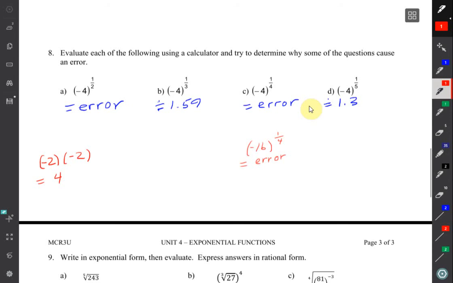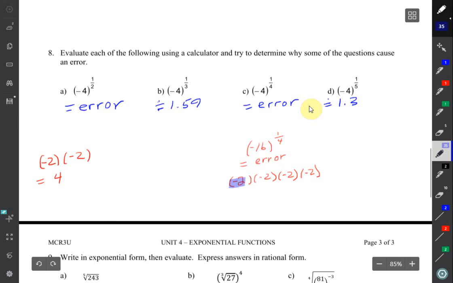So the fourth root of 16 is 2, but if I take negative 2 and multiply it by itself 4 times, this pair and this pair, for example, both make positives.